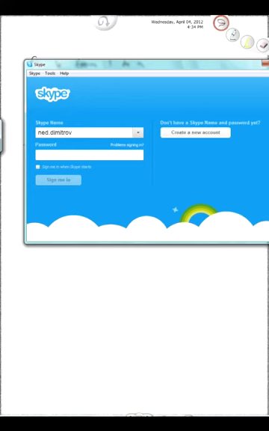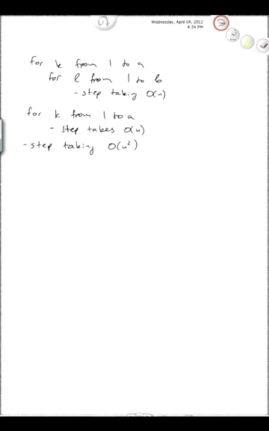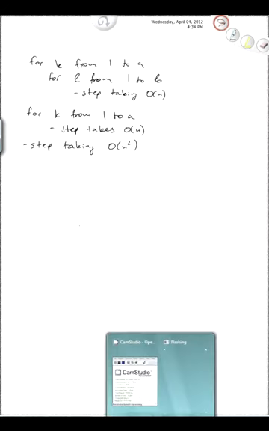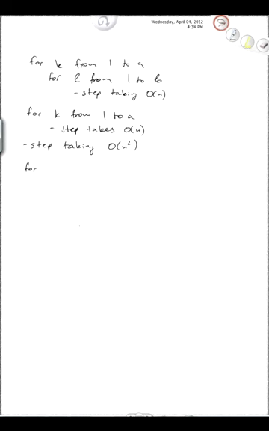Then I have another very big set of for loops. So for k from 1 to N, for L from 1 to N, and for I from 1 to N. And inside here I have a step that takes O of 1 time.